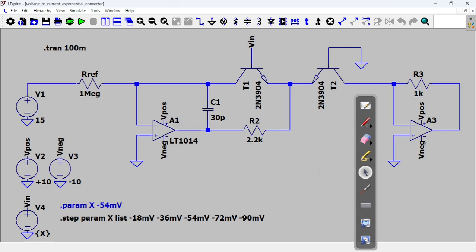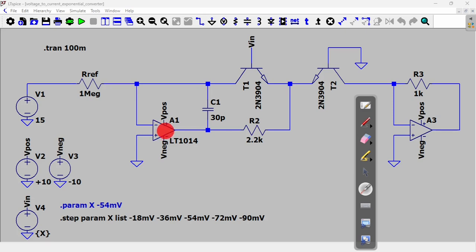Okay, so this is the LTspice simulation of that exponential converter. And it's exactly the same as the one in the Electronotes. Yeah, so here you have that 15 volts battery supply. You have that RF. So RF needs to be pretty large. I put 1 meg. So you have your two transistors tied at the emitter.